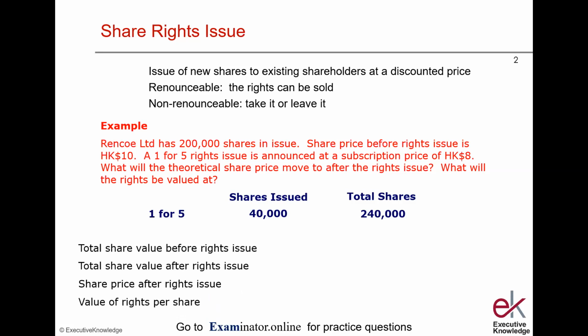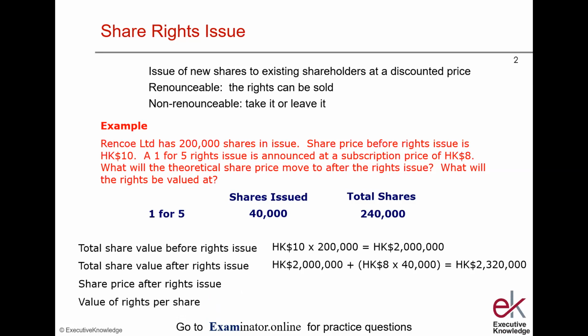First of all, total share value before the rights issue. We take the market value of $10 multiplied by the shares in issue, initially 200,000, giving 2 million Hong Kong dollars. The total share value after the rights issue, well, we take the initial 2 million valuation and then we add the extra 40,000 shares that are being issued at the subscription price of $8.